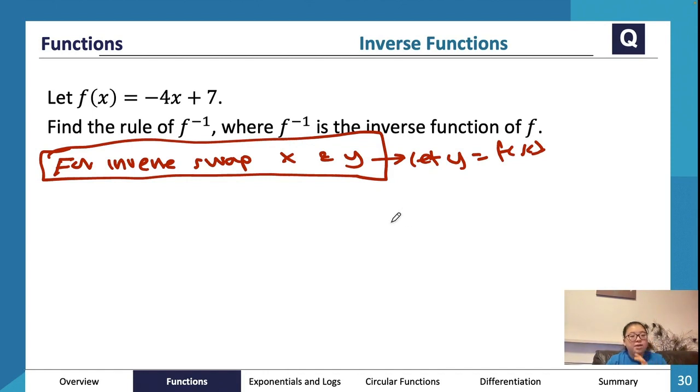It's often given a mark in Methods papers, and if you don't write it, VCAA will be very unhappy with you, because they'll say you've pulled swapping your x and y out of nowhere. So that's exactly what we're going to do here.